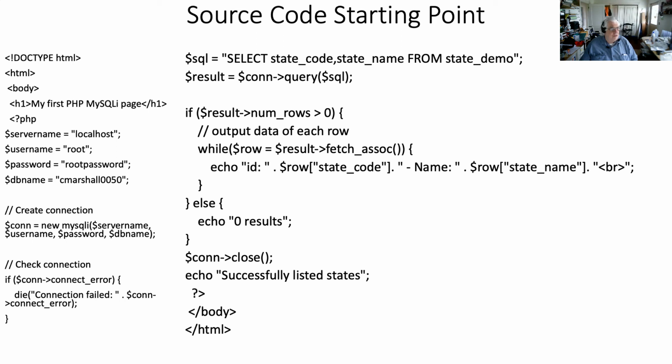All right, and so that's your starting point. And again, inside this file, you're going to create another connection, because you don't need another connection, but you do need to create another one of these where you're working with a table because you're selecting from a different table now.